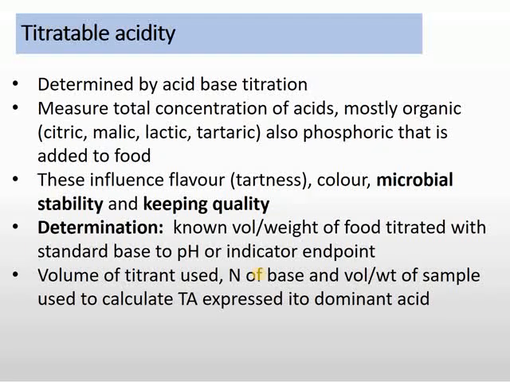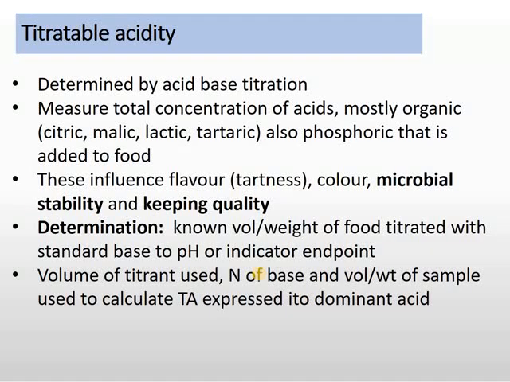Know that different fruits have different types of acids that are predominant. When we're talking about lemons and limes, we know that it's citric acid. But when we talk about apples, they will give you malic acid. So that depends on the fruit.